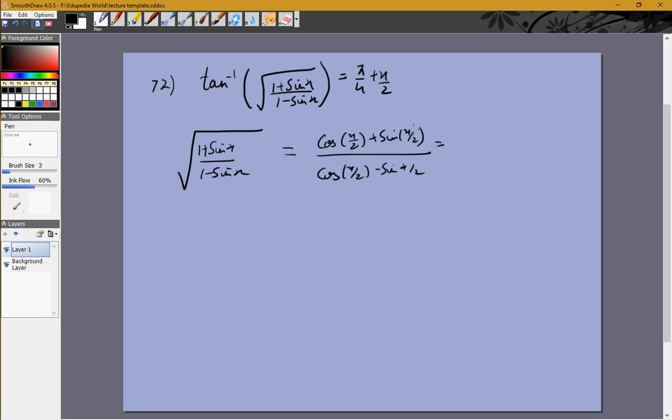And this is obviously 1 plus tan x by 2 by 1 minus tan x by 2, which can be written as tan pi by 4 plus tan x by 2 by 1 minus tan pi by 4 tan x by 2, which becomes tan of pi by 4 plus x by 2. This is the term inside the bracket, so tan inverse of that obviously is pi by 4 plus x by 2, right, if you are talking between 0 and pi by 2, the value of x is between 0 and pi by 2.